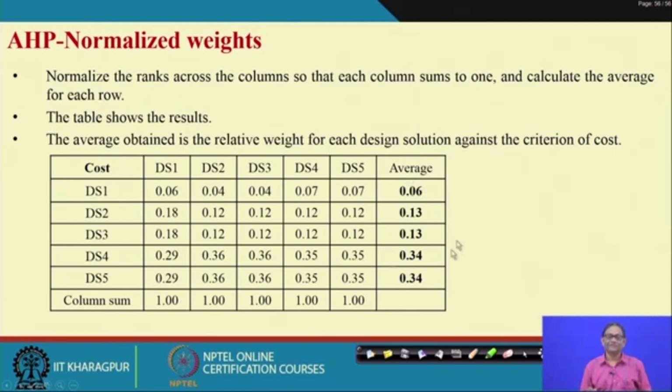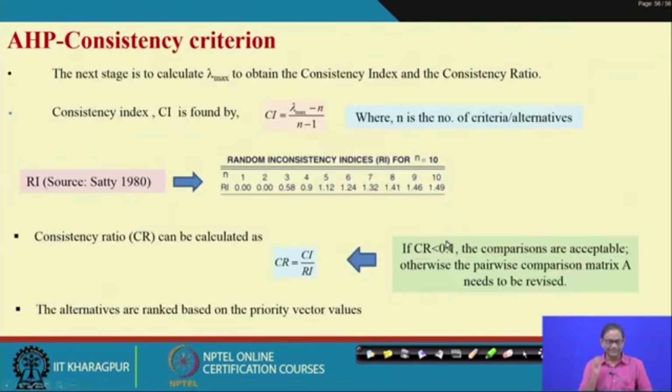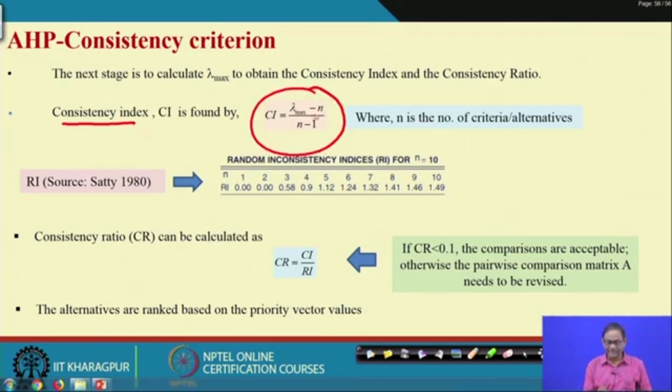This means x, that priority vector, is found, but this is based on the pairwise comparison given by the experts. So, whether experts are consistent or not can be judged by this mathematics. What is the mathematics? First, you find out the consistency index. What is the consistency index? It is lambda max minus n by n minus 1. So, n you know, lambda max already computed.